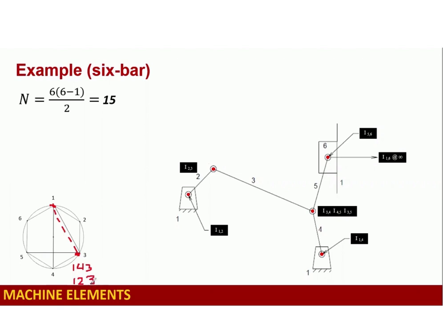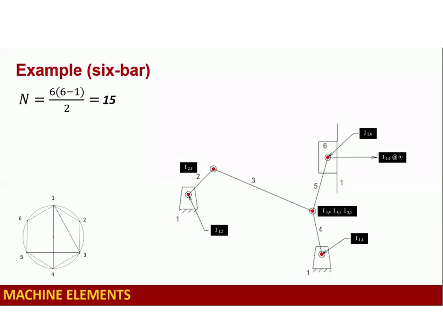It's very obvious then that the location of the instantaneous center 1, 3 lies at the intersection of instant centers 1, 2, 2, 3 and 1, 4, 4, 3. So we'll locate the location of 1, 2, 2, 3 and 1, 4, 4, 3.